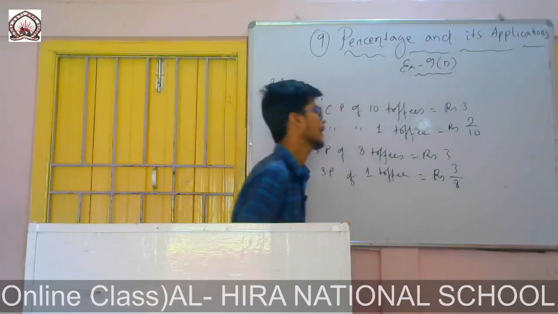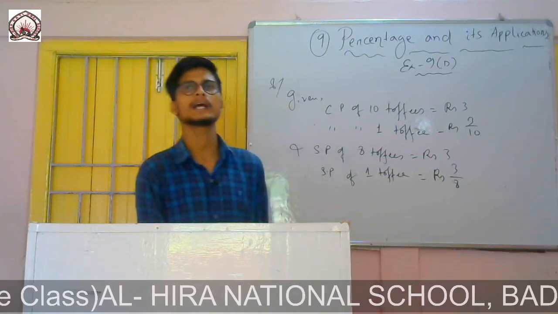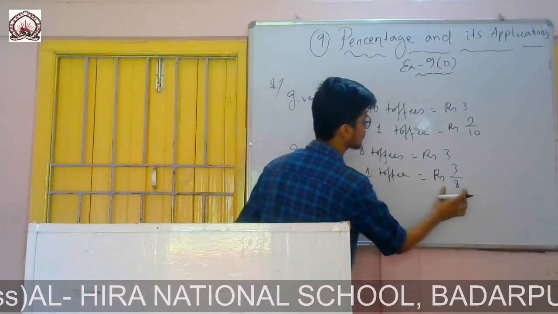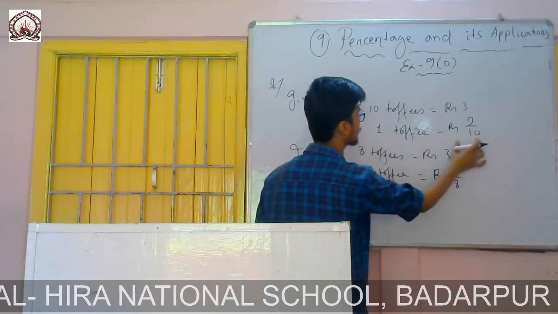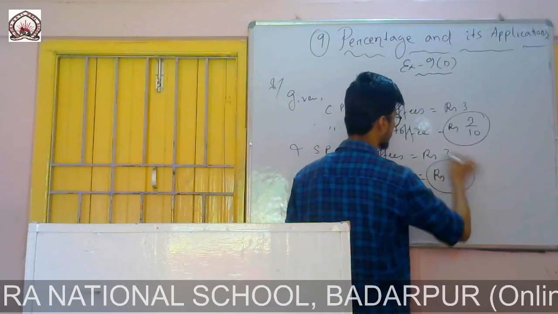Now we know how to find the gain. Gain is SP minus CP. SP of 1 toffee is 3 by 8, CP of 1 toffee is 3 by 10. So this is our cost price, this is our selling price.